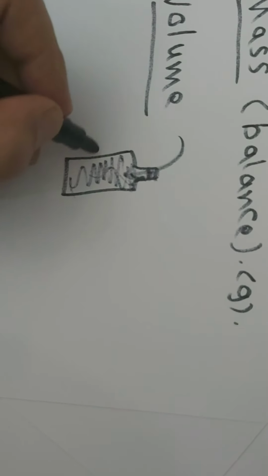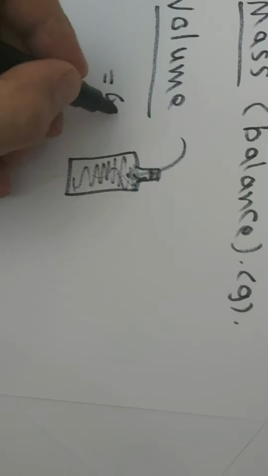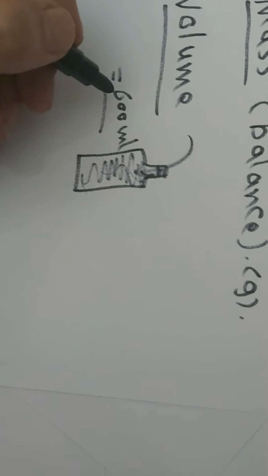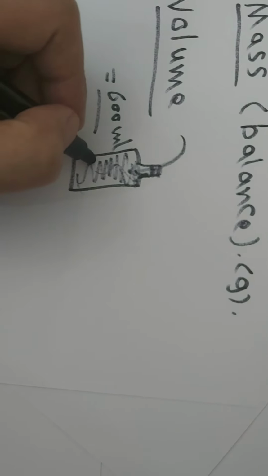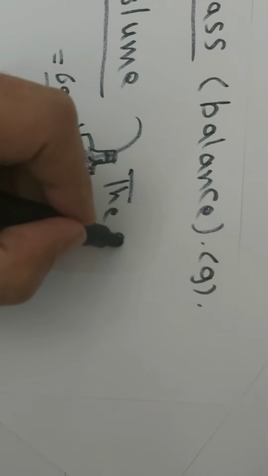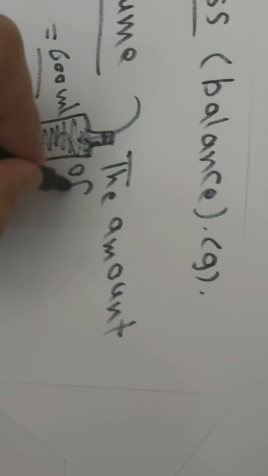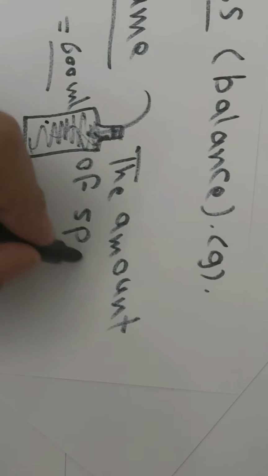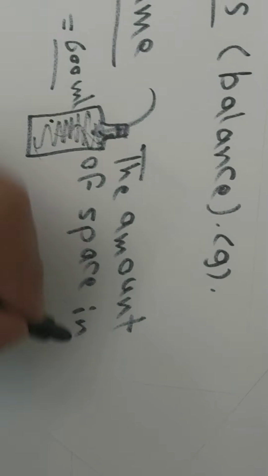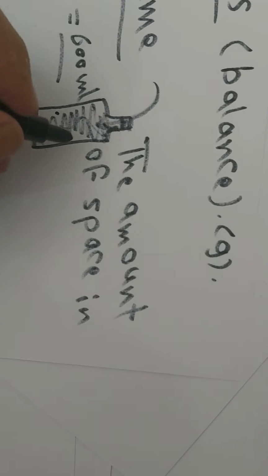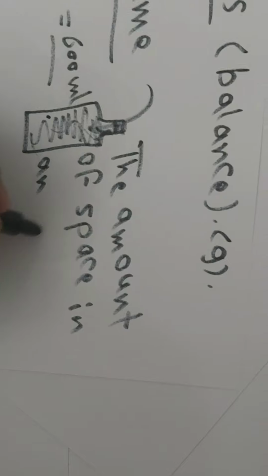For example, this equals 600 milliliter. So the volume of this barrel is 600 milliliter, means the amount of space an object takes up, or in an object.